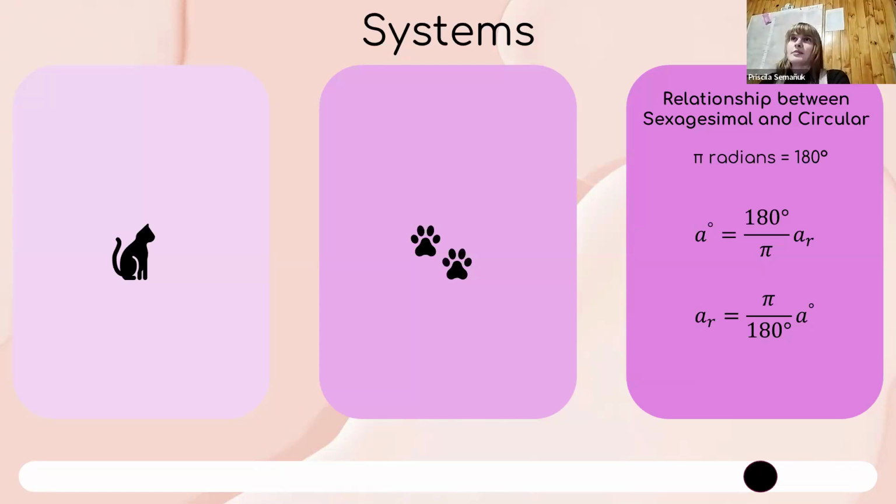Let's say you chose, I don't know, France. It will be like 36 degrees, 36 minutes and 62 seconds. I don't know if that's the location of France, but that's a way that we use the sexagesimal system every day. But like I said, the circular system or the radian system is more for pure base math.